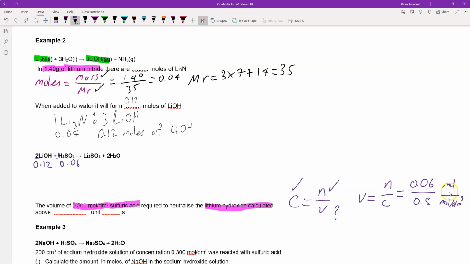So we've got units of moles cancelling out, and we're going to get an answer in decimeters cubed. So we do this calculation, we get an answer of 0.12 dm cubed. And if we times it by 1,000, we get it into centimeters cubed, so 120 cm cubed.